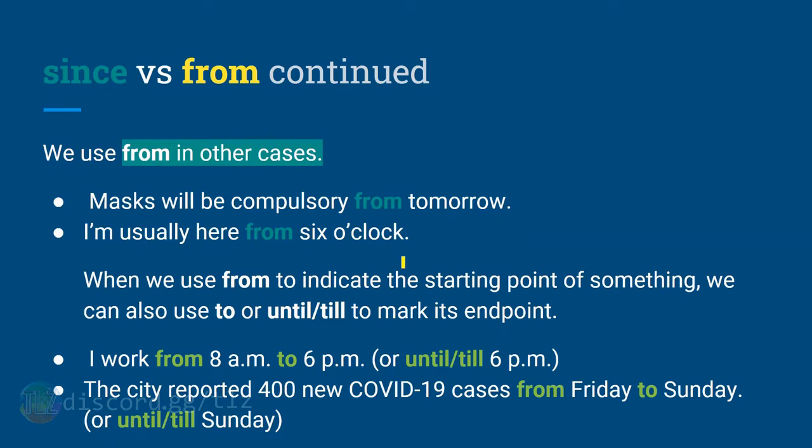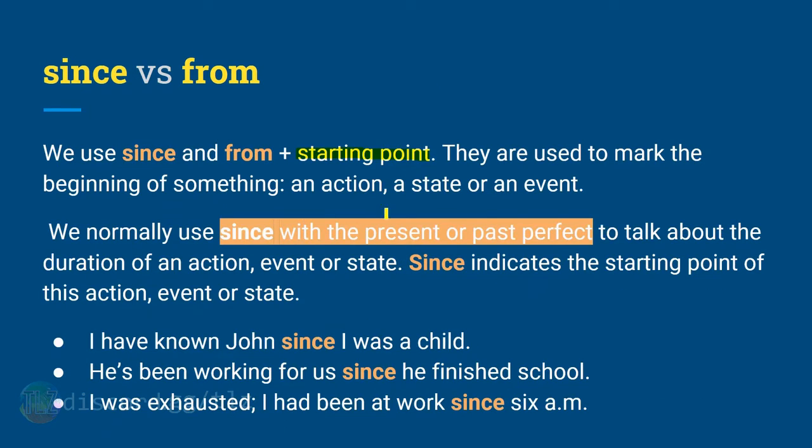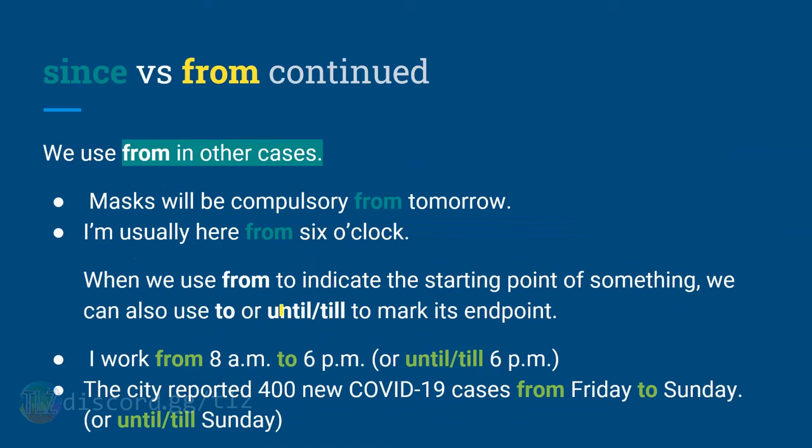So since is used to indicate the starting point of something, while from is used in any other case. It also can be used to indicate the starting point of something, but remember, it can be used with something to mark its endpoint. While since, if it's something that has an endpoint, let's say when someone asks, "How long are you going to be in Berlin?"